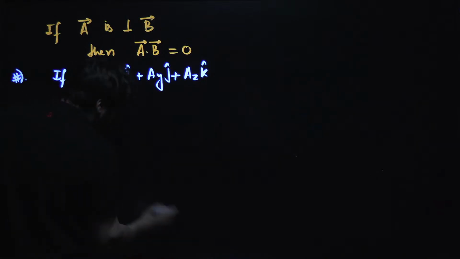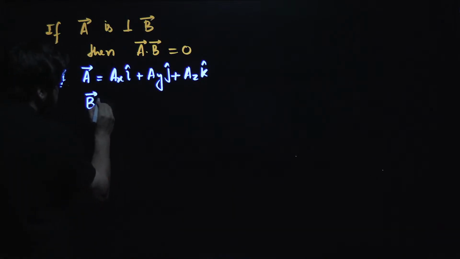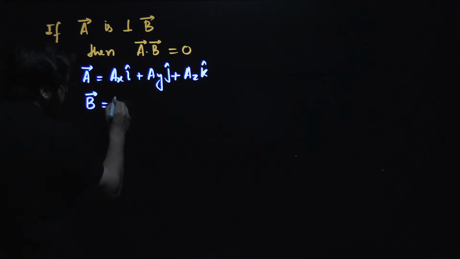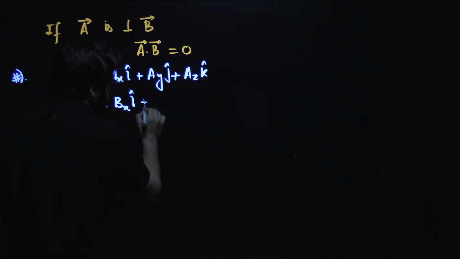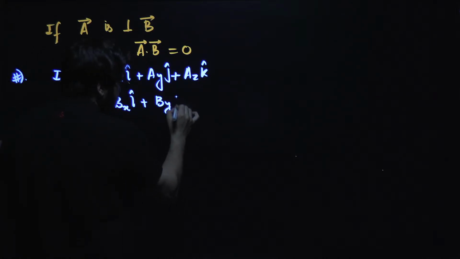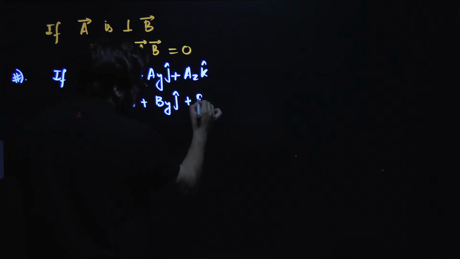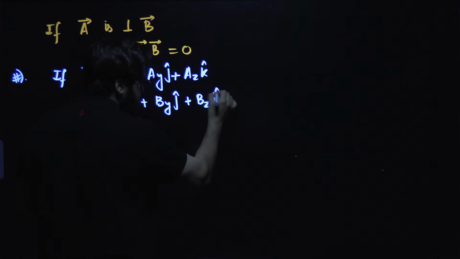Now, if we have another vector, let's suppose that is b. This vector b is also in x, so bx into i cap, plus by into j cap, plus bz into k cap.